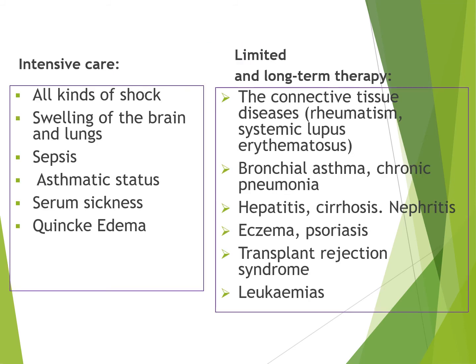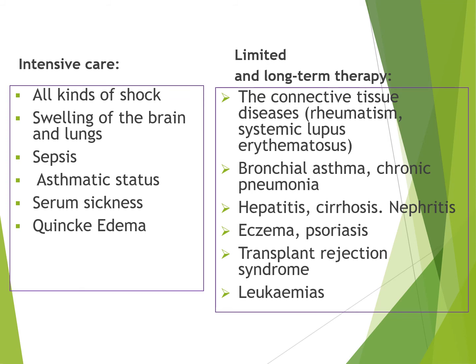So the main indications for usage of glucocorticoids, we can divide into intensive care and limited and long-term therapy. In intensive care, we have to use the drug in all kinds of shock, and especially they use it intravenously, and as a desperate measure in septic shock.